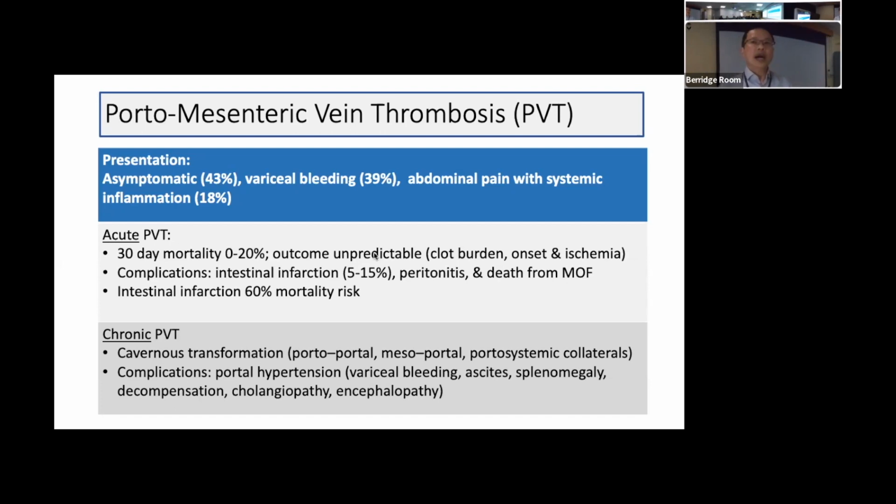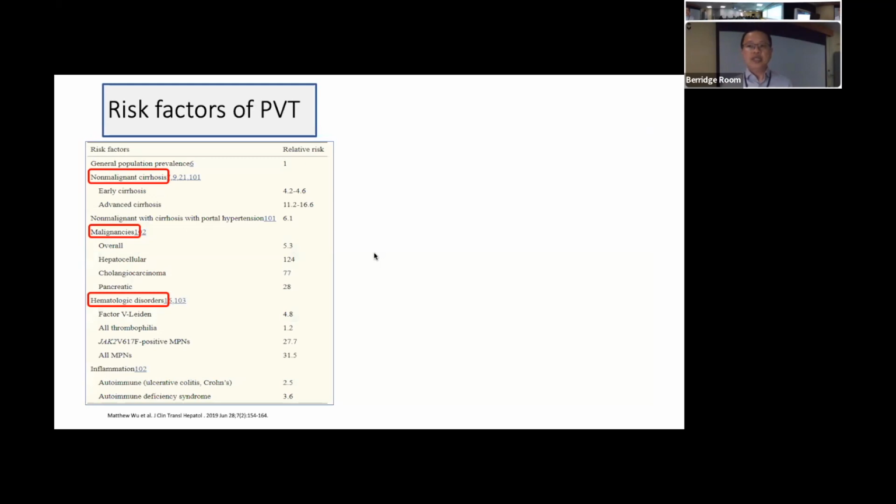If they're not treated, they will progress to chronic portal vein thrombosis, where, as I told you already, there will be cavernous transformation, and they tend to present with complications of portal hypertension. That would include variceal bleeding, ascites, decompensation, cholangiopathy, and encephalopathy. The risk factors, we mentioned malignant portal vein thrombosis, which I won't touch on very much, purely because the management of which relies on the underlying etiology of the cancer.